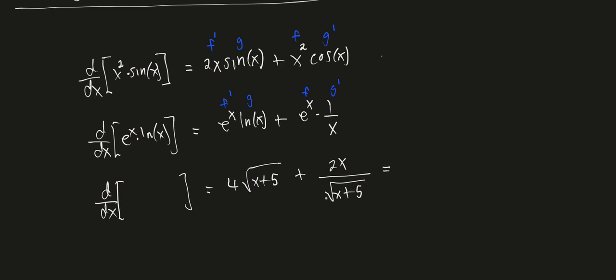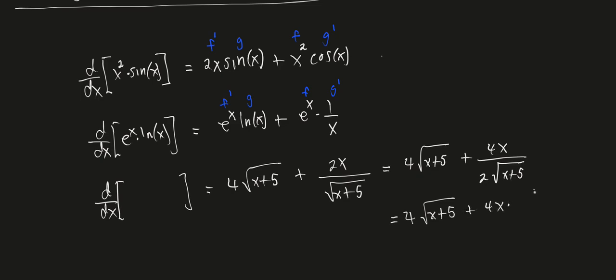I'm going to multiply the top and the bottom by 2. So I have 4 root x plus 5 plus 4x over 2 root x plus 5. Now, let me write this in another form: 4 root x plus 5 plus 4x times 1 over 2 root x plus 5. So this is just a slight modification of the original sum.